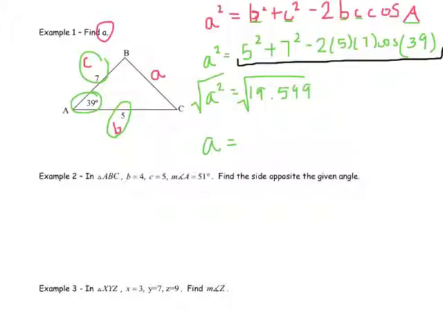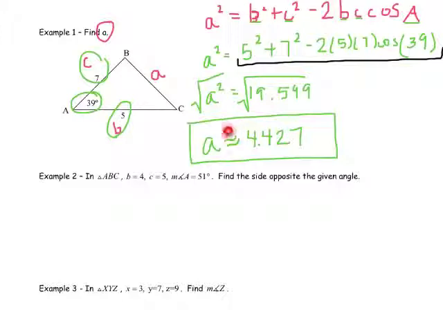So 4.427. And this is not equal to, it's approximately 4.427. So we're using approximation because we don't have the exact answer. We had to use a rounded answer. That's all approximate means, is that we rounded. So a is now approximately 4.427.